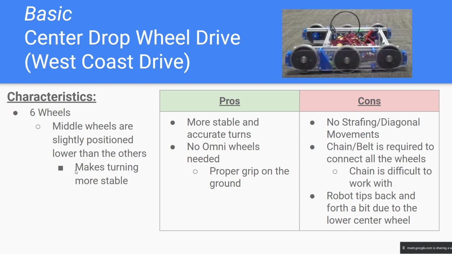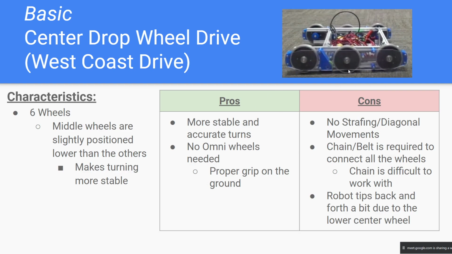This reduces that, since the wheel in contact with the ground is the center one, and these are freely moving, so you won't really run into that issue. It's kind of hard to explain. I wish I could show you guys, but that's basically the plus with this.